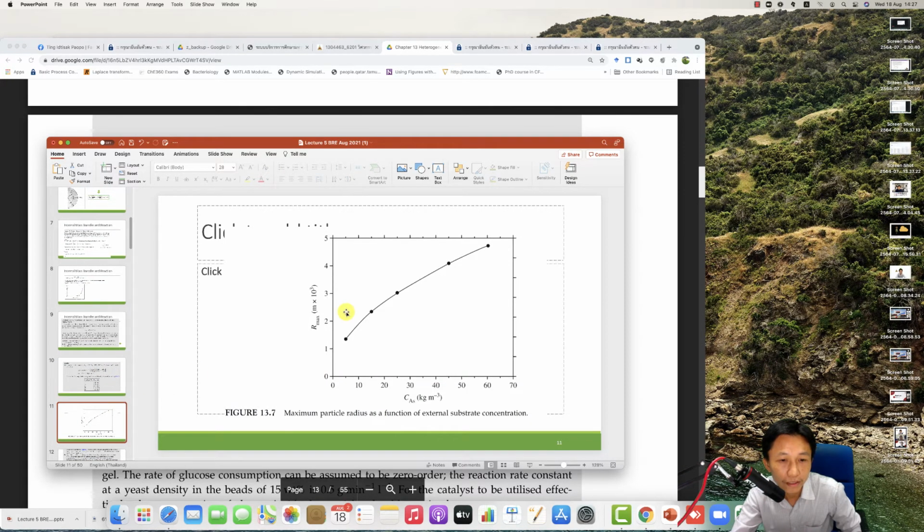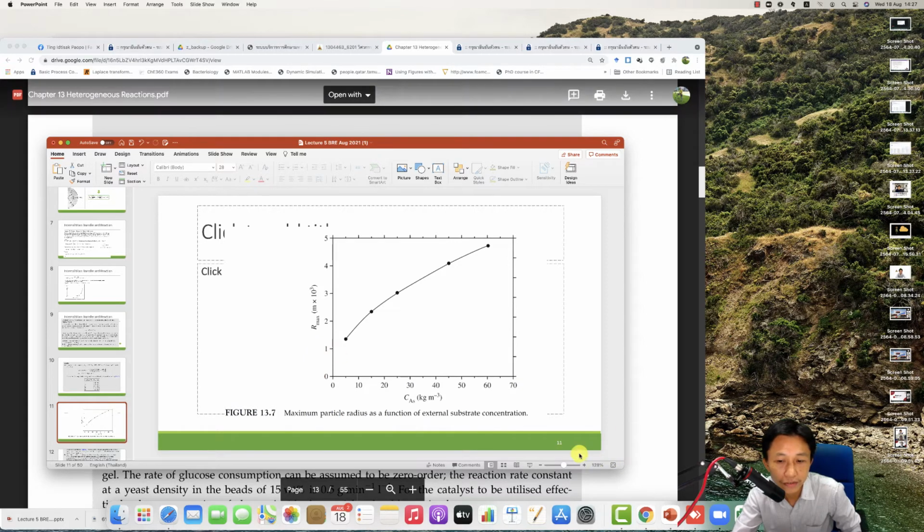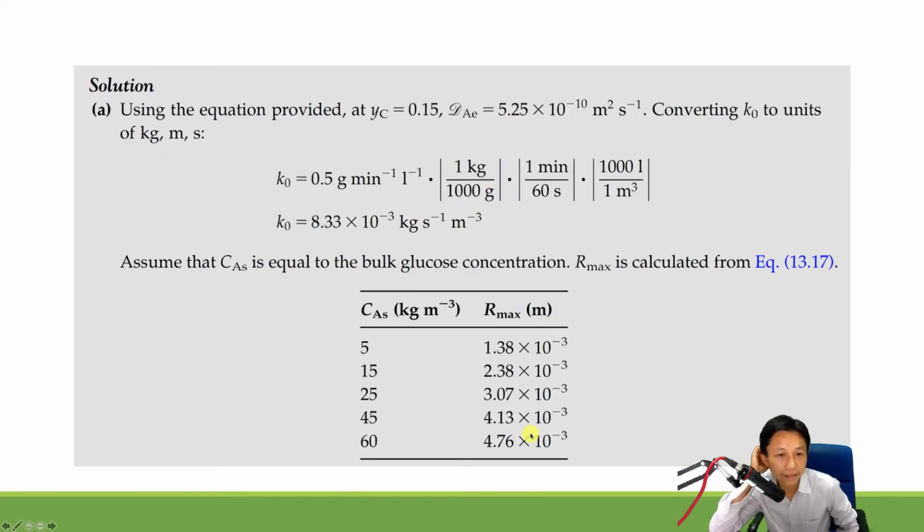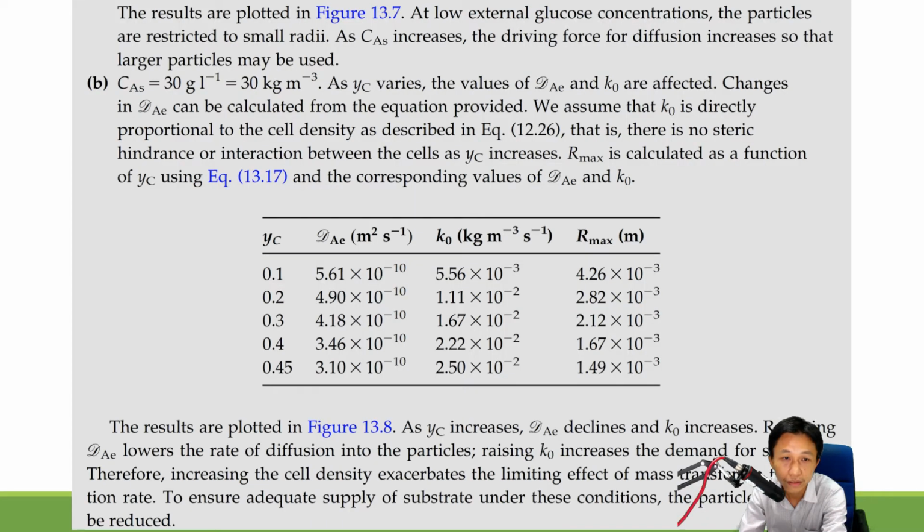And then we plot Rmax here as well as a function of Ca. Ca is concentration of the bulk. Okay.